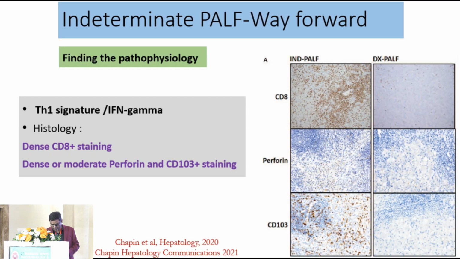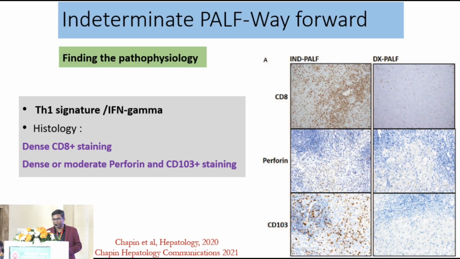Then this group, again from Philadelphia, is trying to find out what is going on here. They are doing extensive immunostaining, CD8 and CD103 staining. This group shows indeterminate PALF, and this group has already been diagnosed with either Wilson, autoimmune or some other etiology. They showed that all these indeterminate cases have more staining for CD8, perforin and CD103.